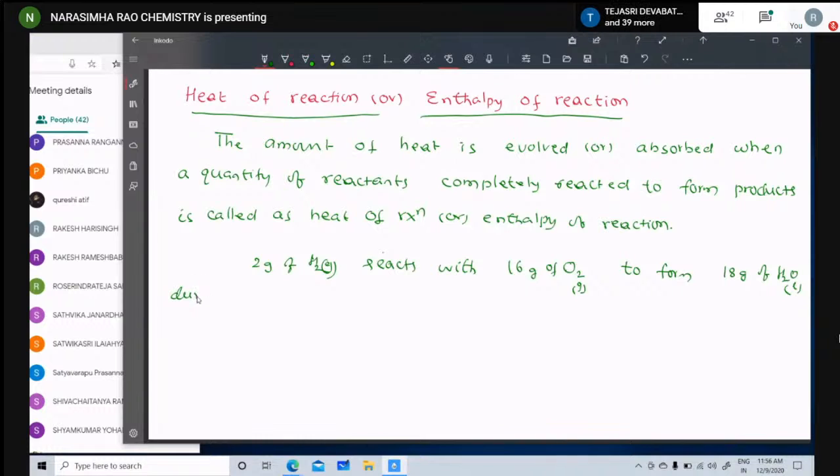During the course of the reaction, 286 kilojoules of energy is liberated.